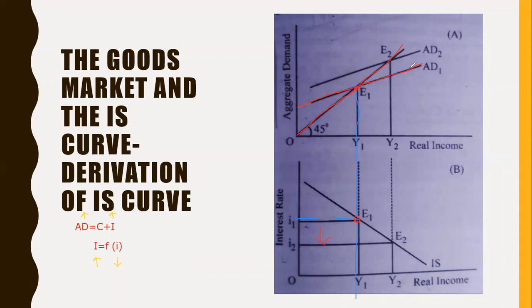So accordingly, this aggregate demand curve will shift up. So we have a new aggregate demand curve intersecting with the 45-degree line at point E2. We started by saying that I2 is the interest rate. So with I2 interest, the prevalent aggregate demand curve is AD2.